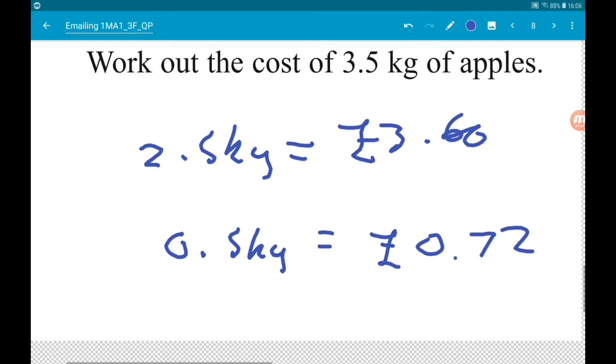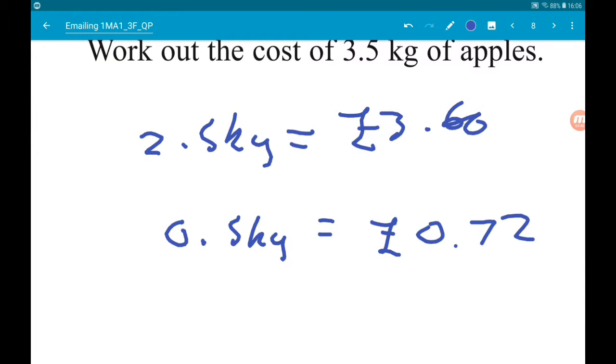So we now multiply by 7, and we get 3.5 kilograms is 7 times 72p, which is £5 and 4p.